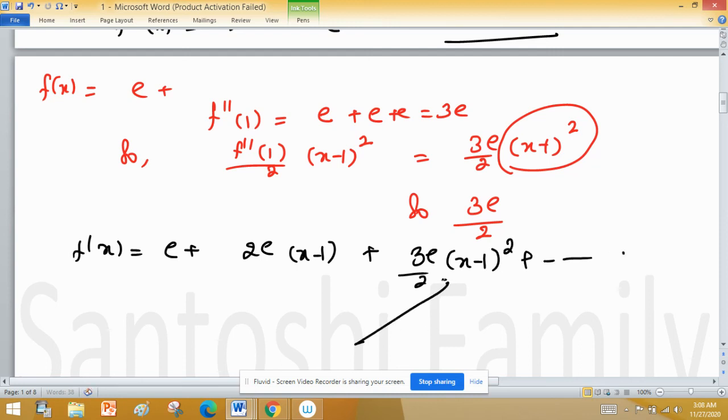As it is asked for the coefficient of (x minus 1) square, it is 3e by 2. You can check here also.